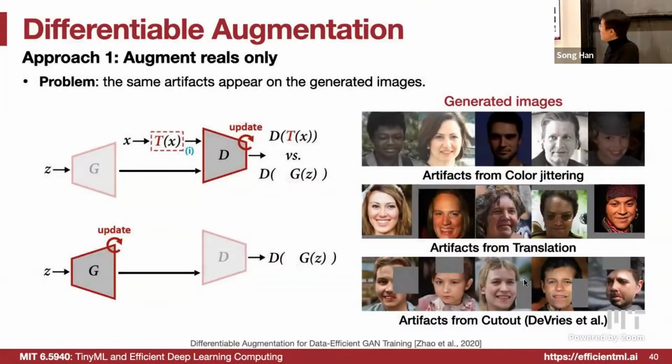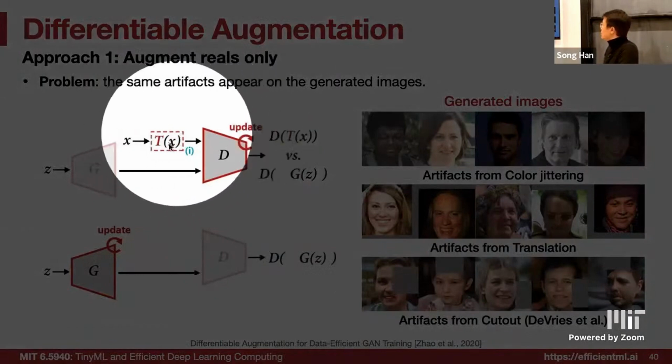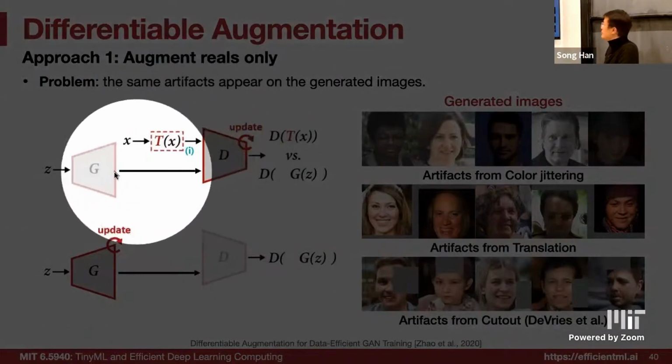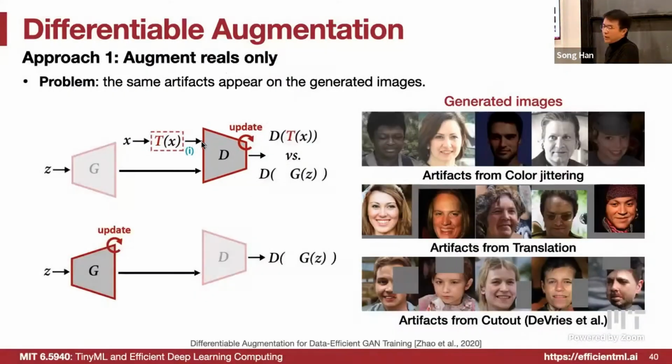If we augment the real images only, the discriminator can take either the real image or the fake image. The fake image is generated. If we only augment the real image, what will happen?